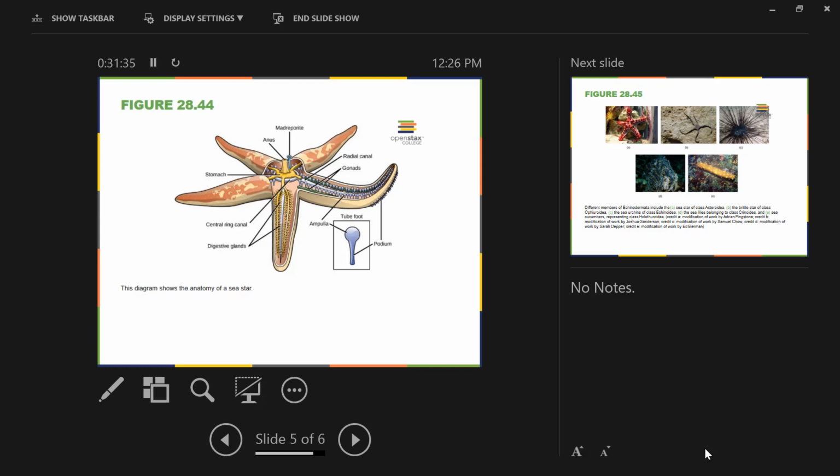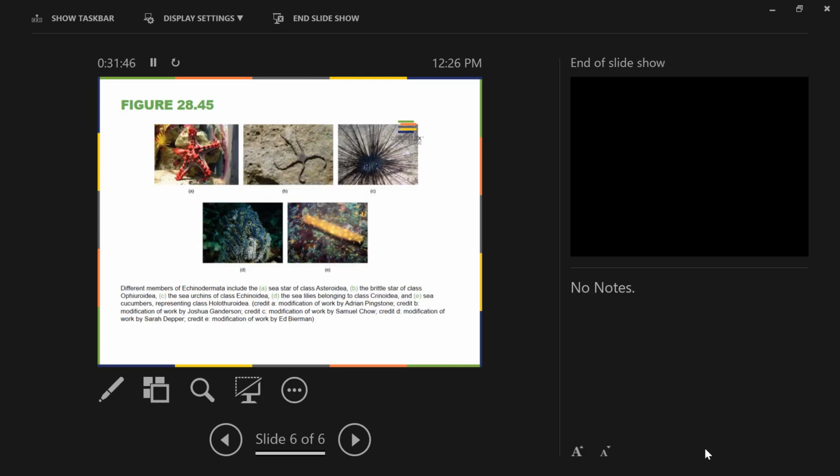You can also see the digestive system also radiating out into the arms, maximizing the amount of space for digestion. And then here are your 5 groups of living echinoderms: asteroid, ophiuroid, echinoid, crinoid, holothuroid. Okay? Asteroidea, ophiuroidea, echinoidea, crinoidea, holothuroidea.